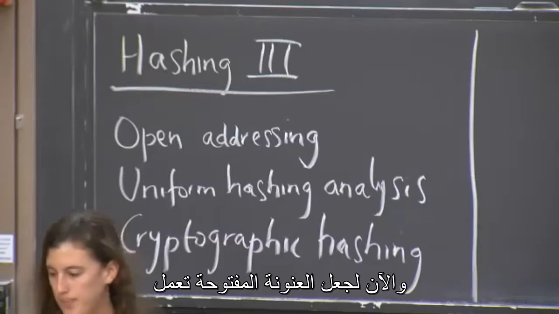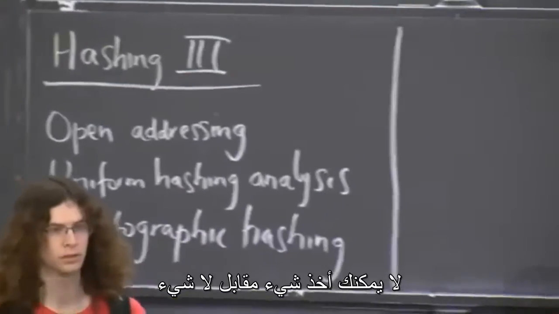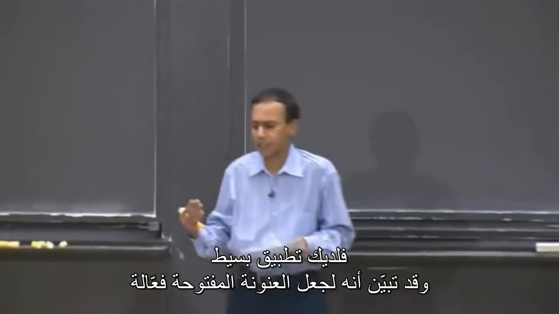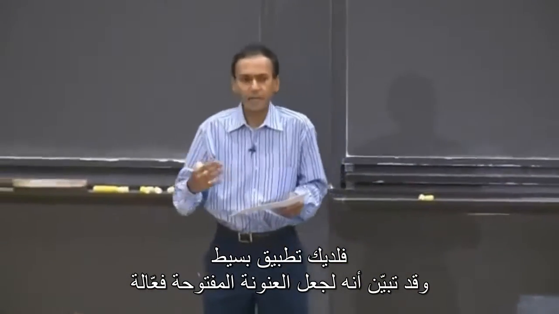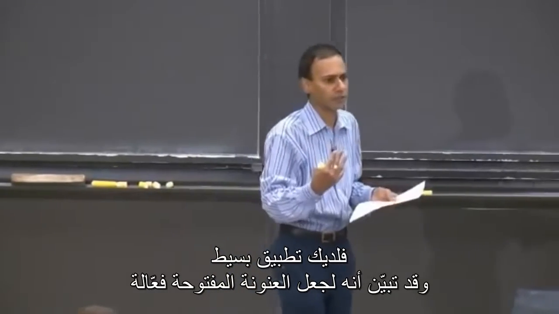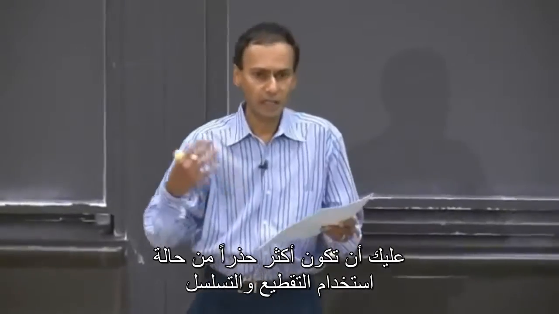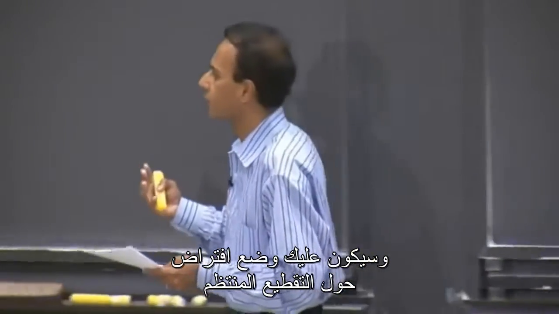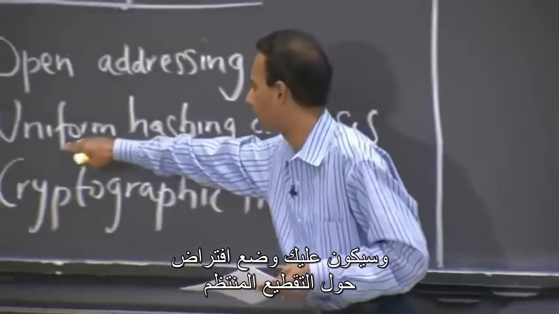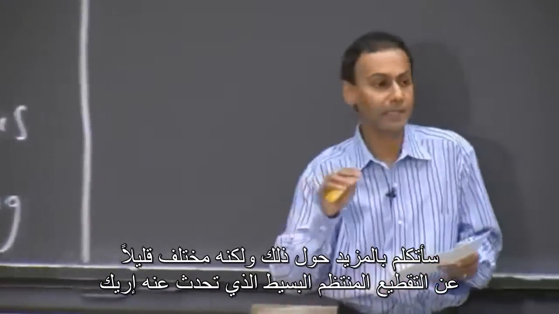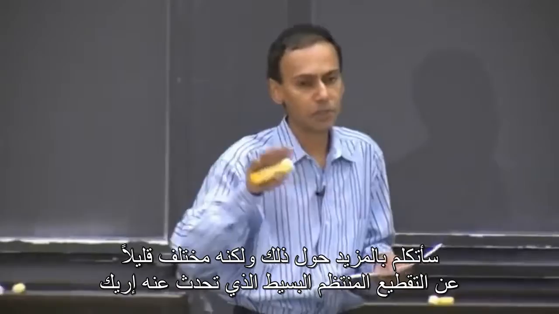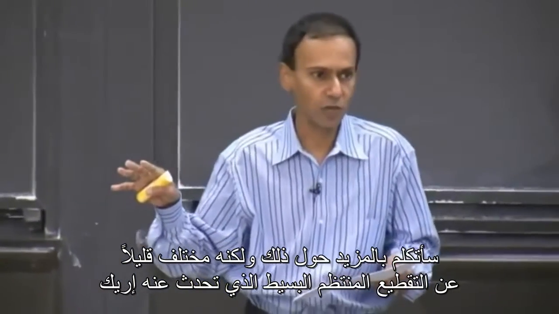Now, in order to get open addressing to work, there's no free lunch, right? So you have a simple implementation. It turns out that in order to make open addressing efficient, you have to be a little more careful than if you were using the hash tables with chaining. And we're going to have to make an assumption about uniform hashing. I'll say a little bit more about that, but it's a different assumption from simple uniform hashing that Eric talked about.